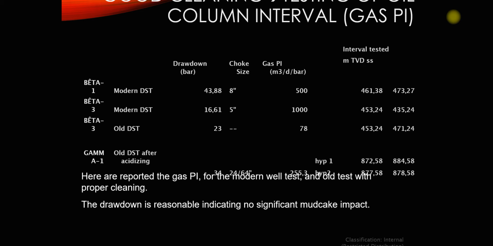Okay, so now we are moving from the gas column to the oil column, and we will look at two things, because these oil column intervals are producing both gas and oil. So we first look in this slide at the gas production index.